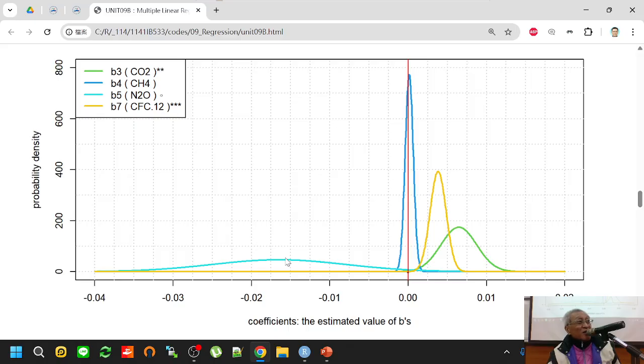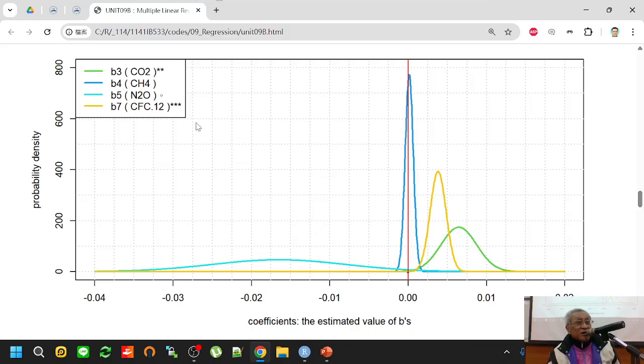So the largest coefficient out of the 4 is B5, isn't it? But B5 is barely significant. The most significant one is this one. B5 has the largest coefficient, but it is not significant.